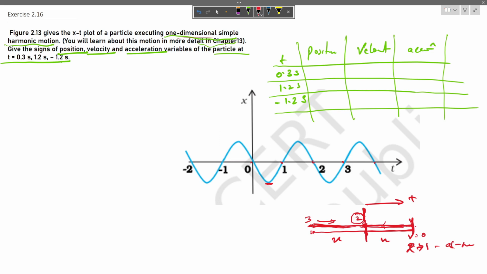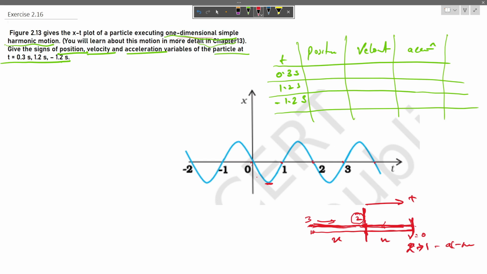While the body is going from the equilibrium position to its negative extreme position, the acceleration is acting in the positive x direction. So acceleration will be positive at this point.